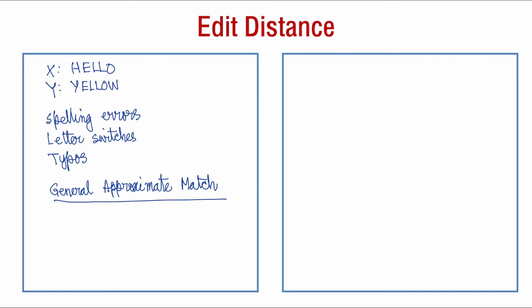And how do we do that? We say that if this is hello and this is yellow, we could apply 3 kinds of things. When we get Y and H, if they match, we know what to do, because they have matched, so we move on to the next.